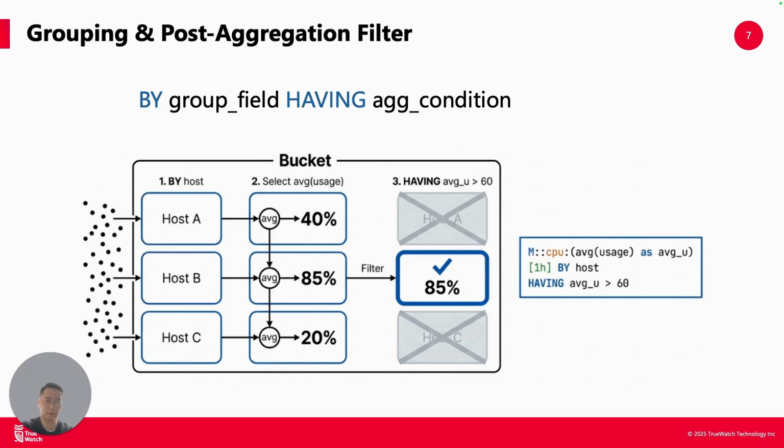And then we can use having to filter after the aggregation. So for example, by using having, we keep only groups where the average is above 16. So in this example, only host B remains. Remember, where filters raw data first, and having filters the grouped result after we compute the number.